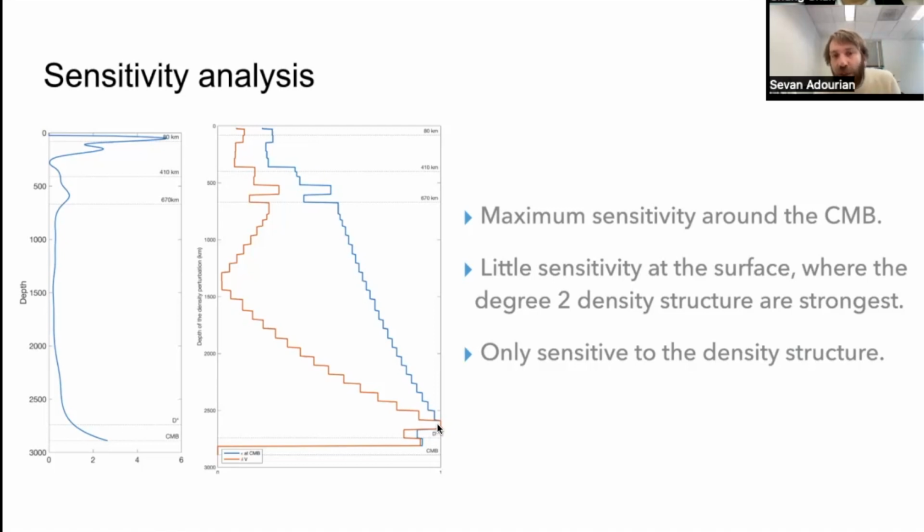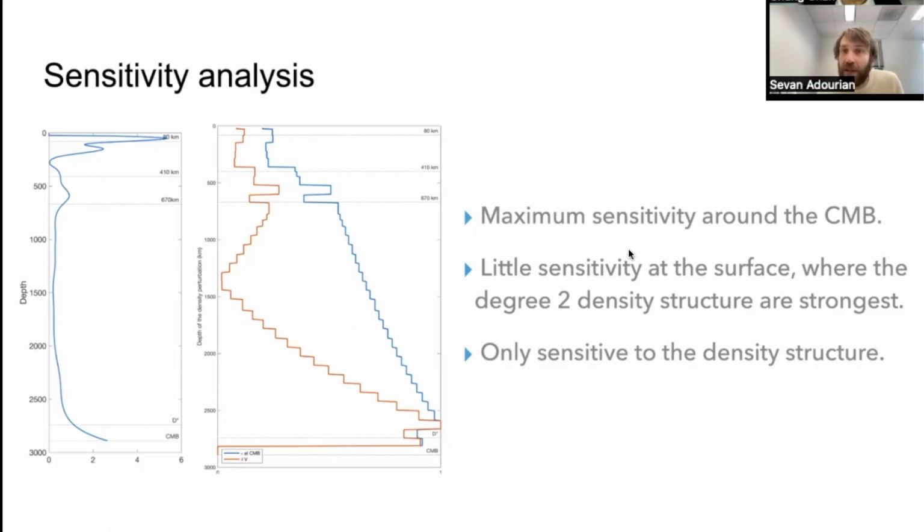If you change the density at around this depth, then this is what will show the most differences in the periods. So let's say here you don't have a lot of sensitivity. If you change the density around 1,300 kilometers, it won't change much the period. However, if you change the density around the core mantle boundary, this will have a great effect on the period.